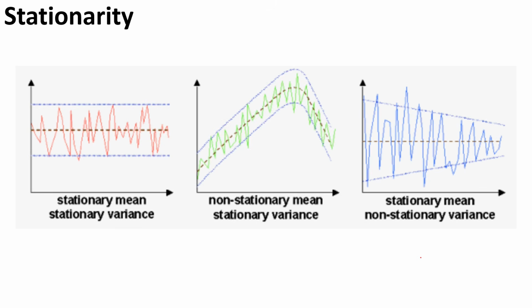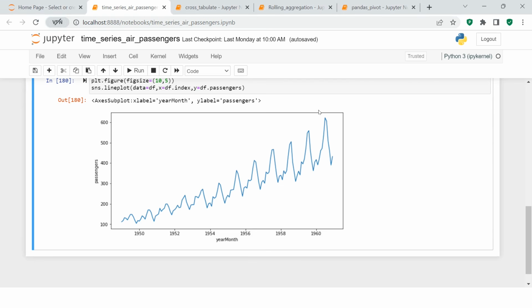Moving forward, how do we check the stationarity of data, how do we validate whether our data is stationary or not? Simply by looking at the graph when you plot it, there are 4 patterns which we learned in the previous video, which we find in the time series.